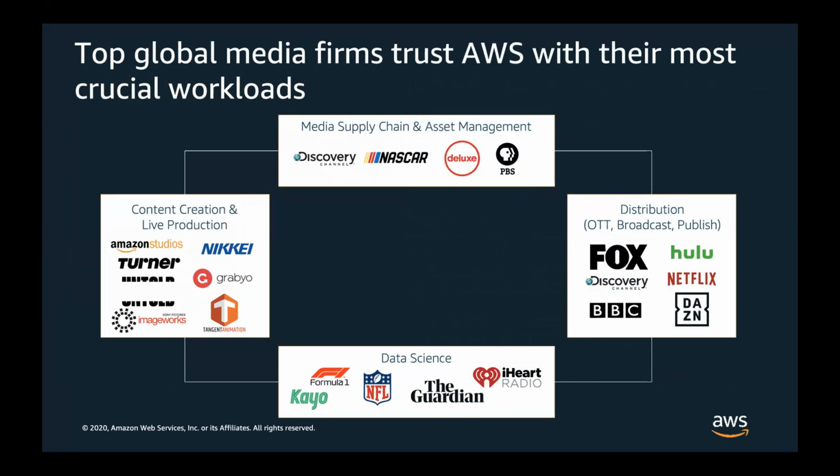Then just focusing on media customers, top global media companies around the world trust us with their crucial workloads. So I'll mention just a few of these. On the left-hand side, the content creation, Untold Stories. The logo there is quite hard to read, but it's just on the bottom left, just one up, Untold.